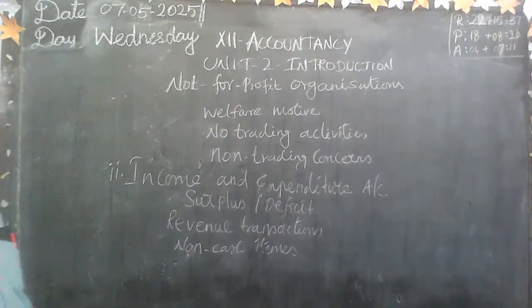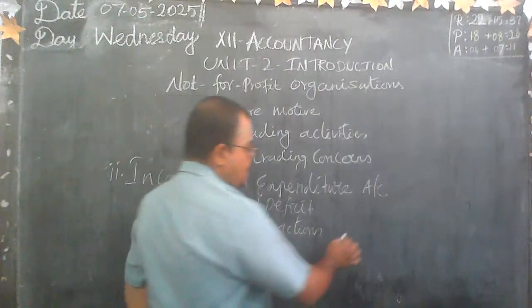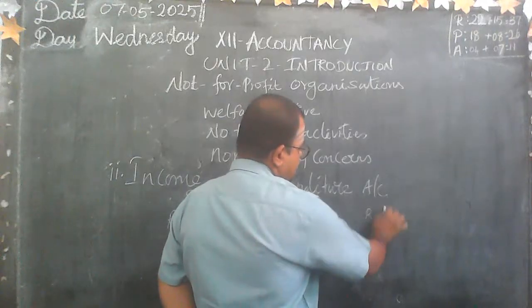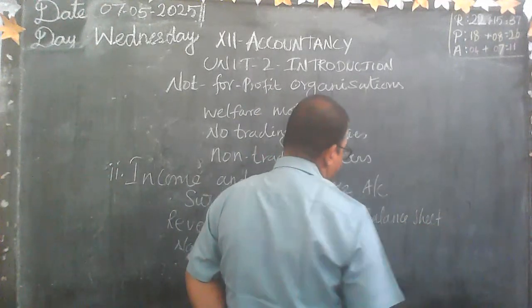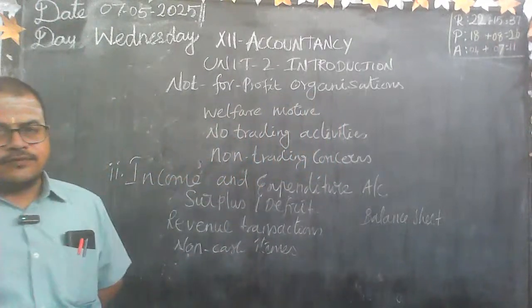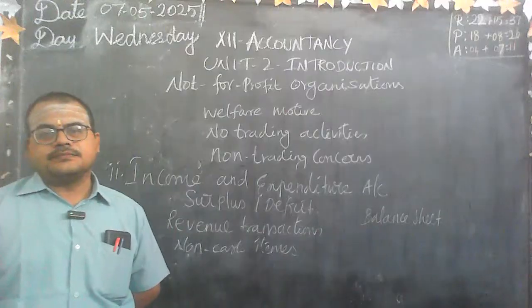Okay, right. And then the balance sheet. Finally, we are going to see about the balance sheet. Not-for-profit organizations also prepare a balance sheet to know about the financial position of their organization.